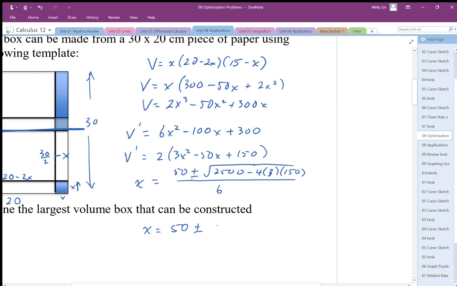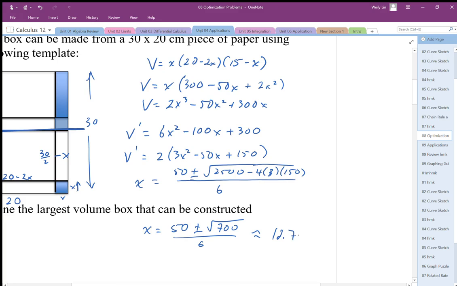So I'm going to get the square root of 700 over 6. I've got a calculator here, so I might as well use it. So I get 50 plus the square root of 700, divided by 6, and that's going to give me approximately 74.